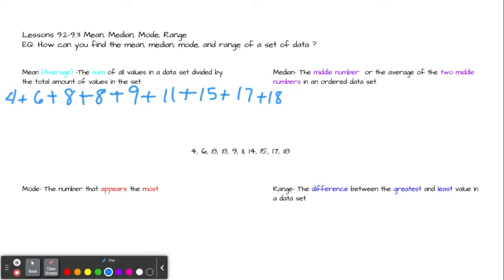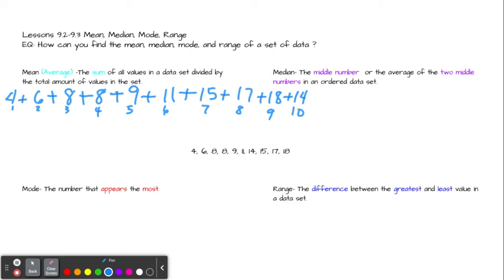So let's see how many we have in our set. So we have 1, 2, 3, 4, 5, 6, 7, 8, 9. And I feel like I'm missing something. 4, 6, 8, 8, 9, 11. Oh, I'm missing 14, and 14 makes 10. There we go.